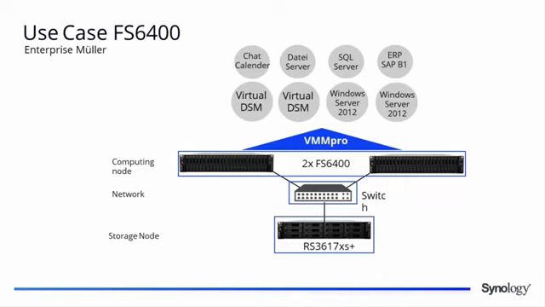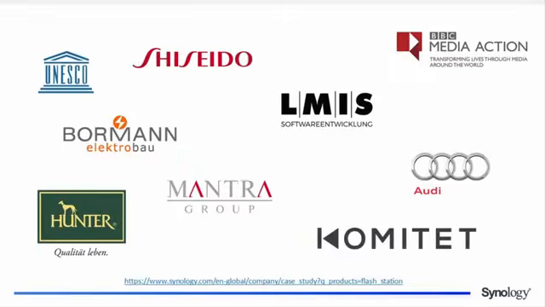This means that the two FS6400 work as a failover pair that can run various applications and provide the necessary computing power while acting as a computing node cluster. They also use an RS3617xs+ server, which is used as a storage node to feed the computing nodes with necessary data.